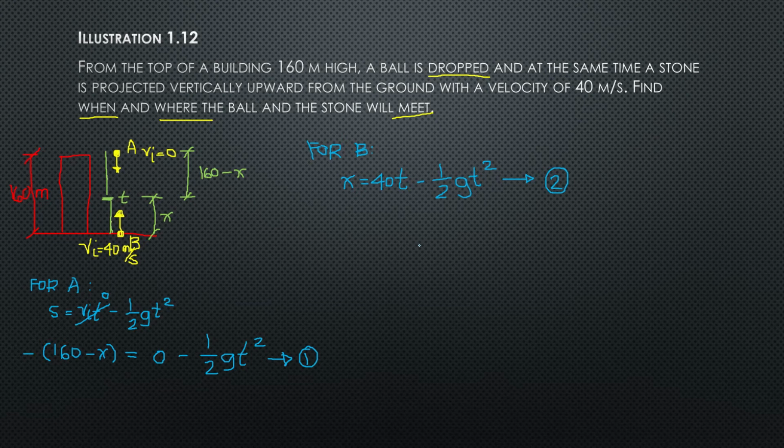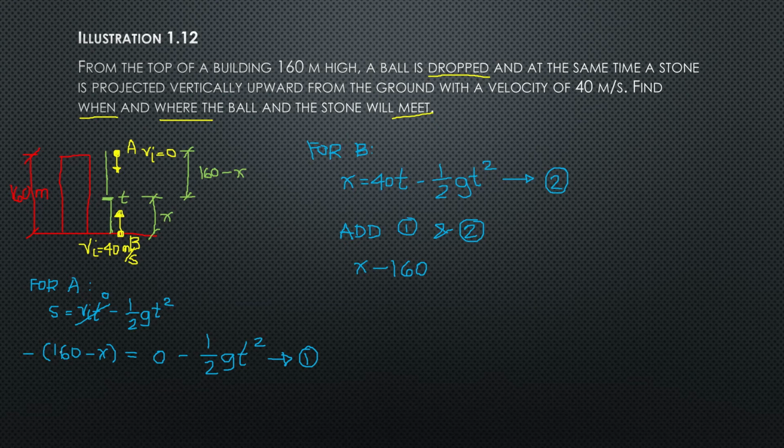Now I will add equation 1 and equation 2. So equation 1 is this one. So negative 160 positive x, so x minus 160. Okay, I just distributed the negative sign. So negative 160, then negative negative will become positive.